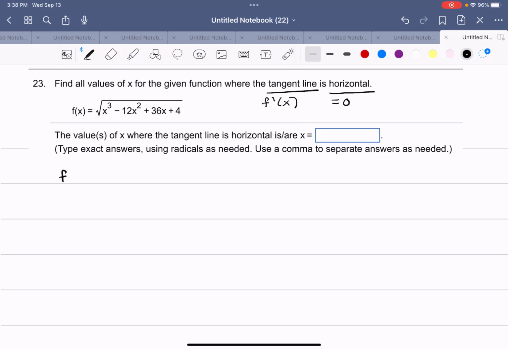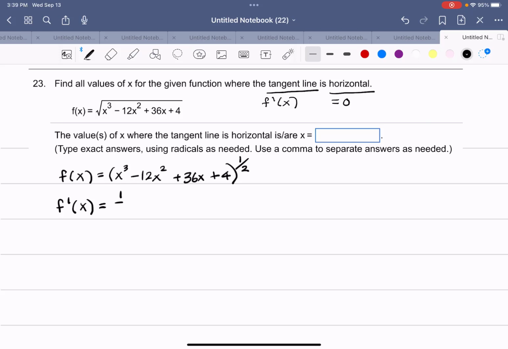So the first thing I will do is write that square root with a 1/2 power. So I'll get x cubed minus 12x squared plus 36x plus 4, and now it's to the 1/2 power. I will use the power rule and the chain rule to find my derivative.